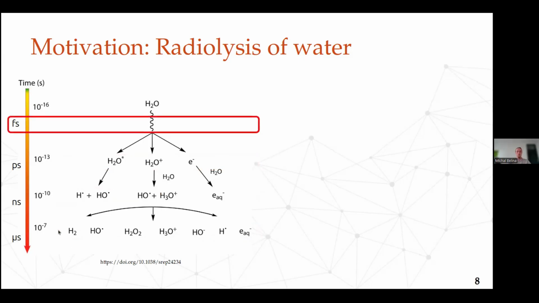Because first, almost 100 years ago, we had techniques to observe some reactants, some products of reactions on an almost microsecond time scale, and one needed to go step up and step up to reach the initial processes, and to know what's happening immediately after the collision of water and a photon.